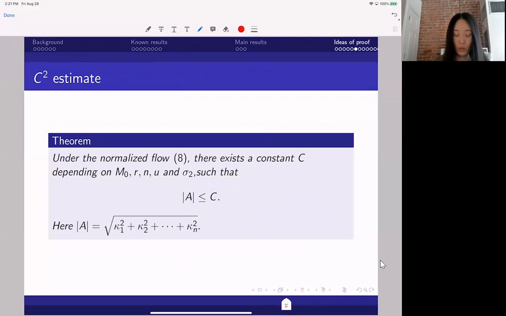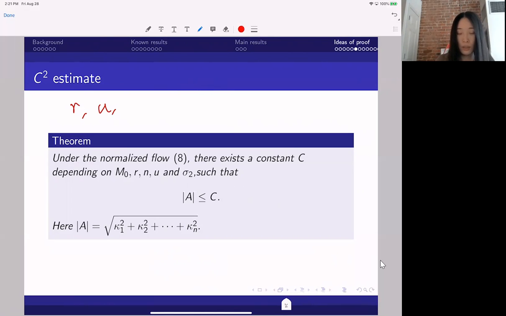So next, we're going to prove our main theorem, which is our C2 estimate. Before this proof, let's talk about what we already know. We know that R is bounded from above and below, and U is bounded from above and below.